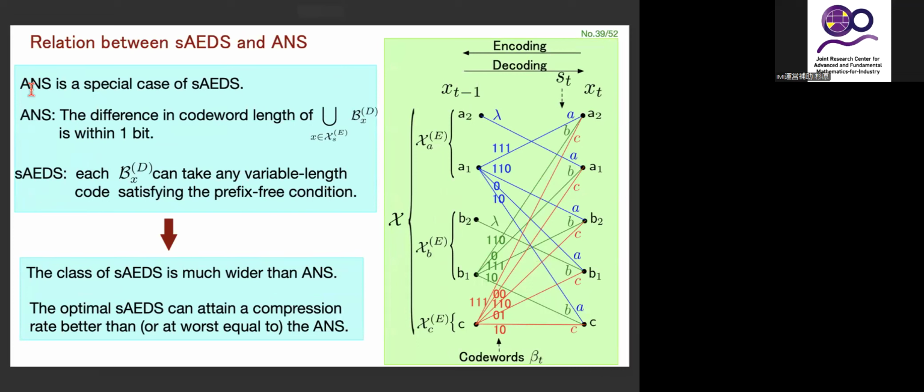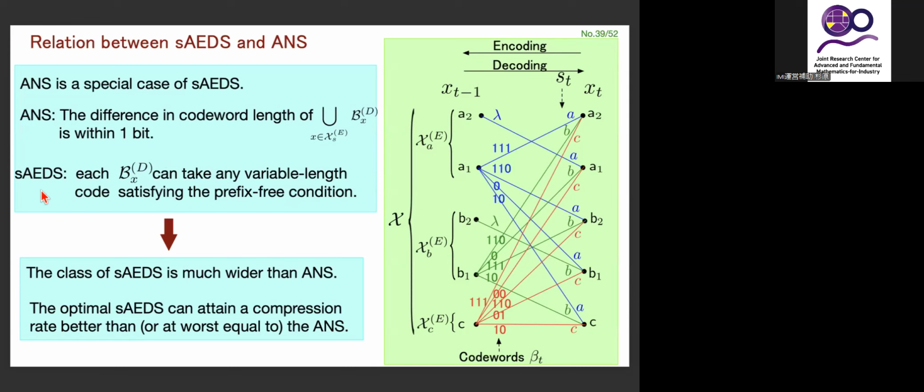We can show that the ANS is a special case of SAEDS. But in the case of ANS, the difference in code word length of this set and this set and this set must be within 1 bit.